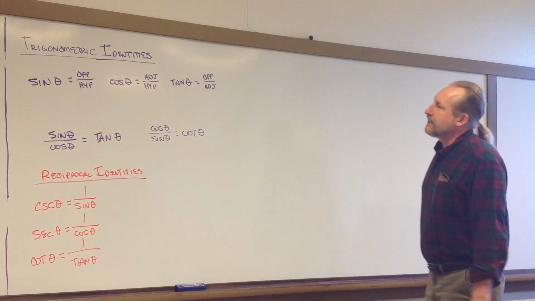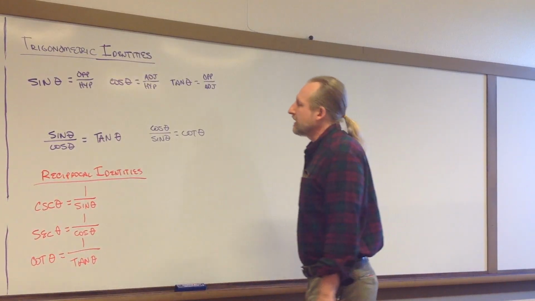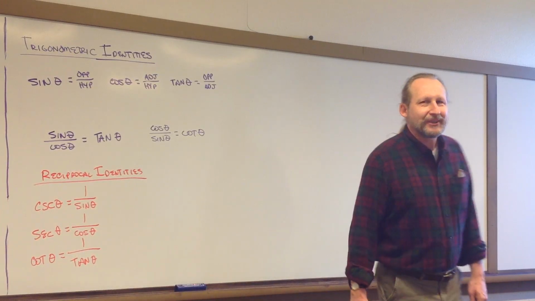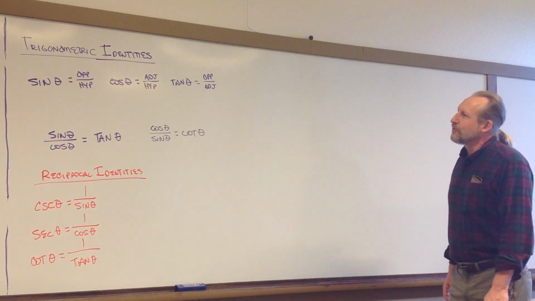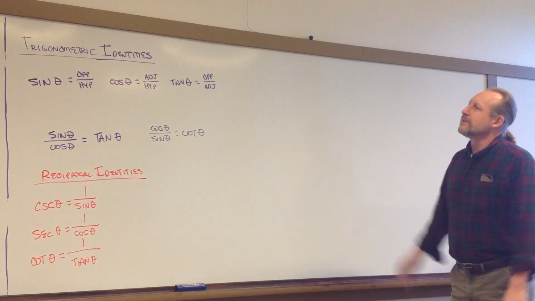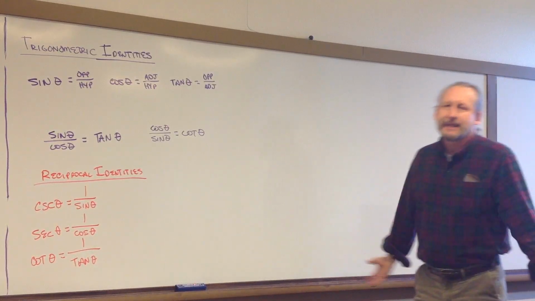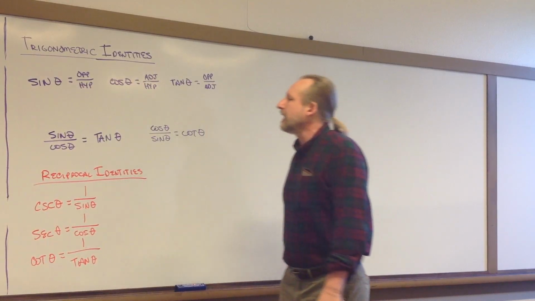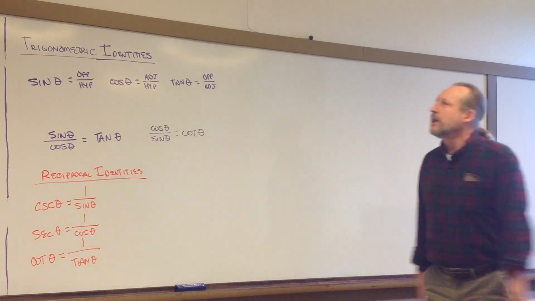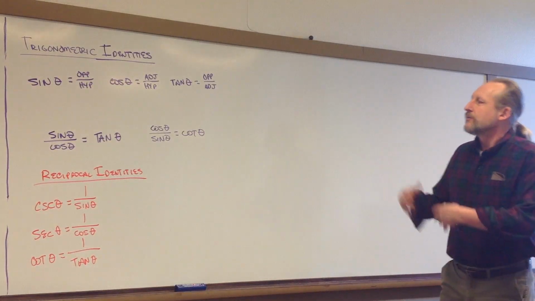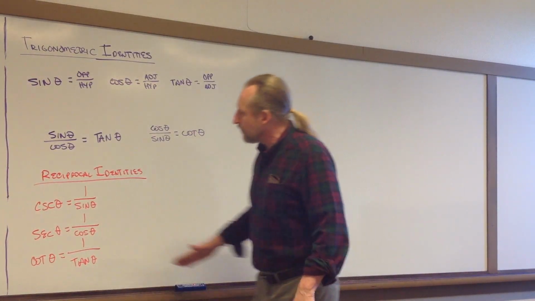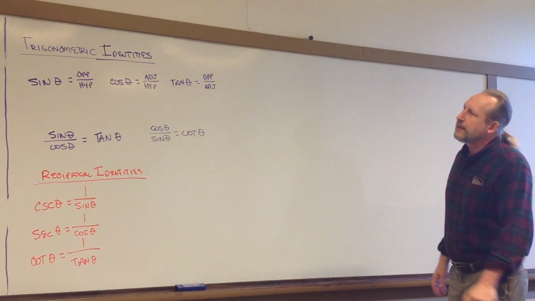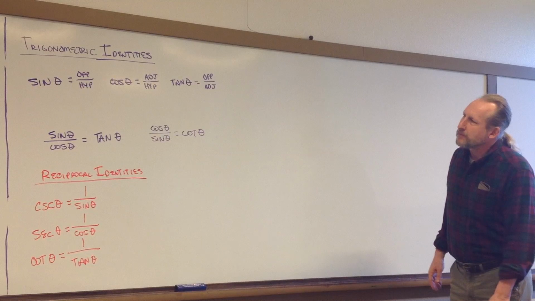The best answer I can give you is that in a body of knowledge like trigonometry, which developed over, I don't know, 1,000 or so years, maybe more, all over the world, people used what they needed, and so as these things started getting collected together into a coherent body of knowledge, we had all these different ways of calculating things, and so rather than throw a lot of them away, they kept them.